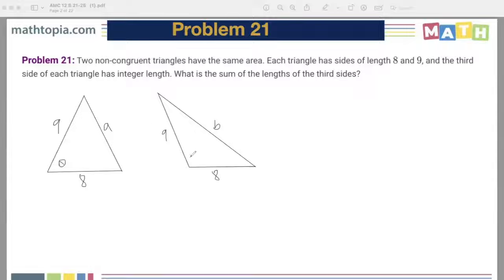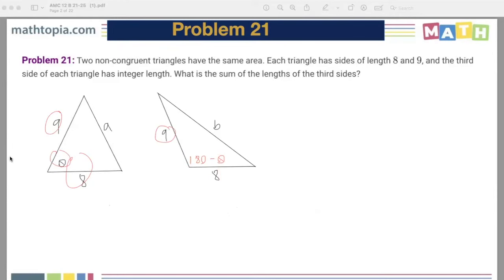Now that we know this relation between the two angles, the next step is to use the law of cosines, because we now know two lengths and the angle in between, and we want to find the third length.